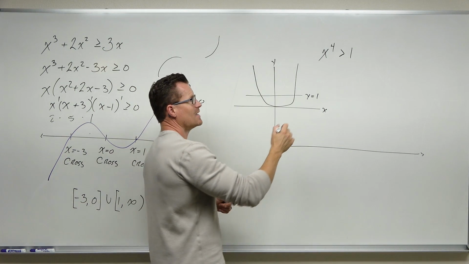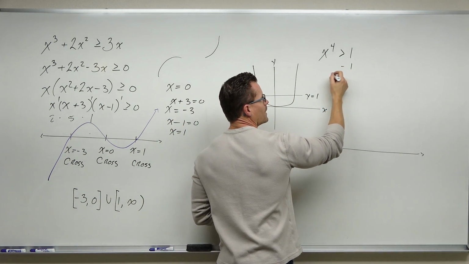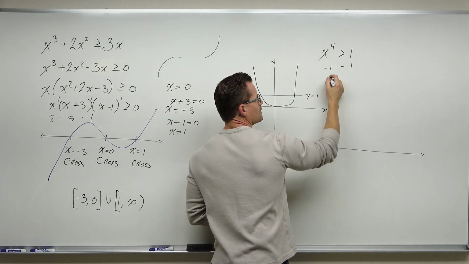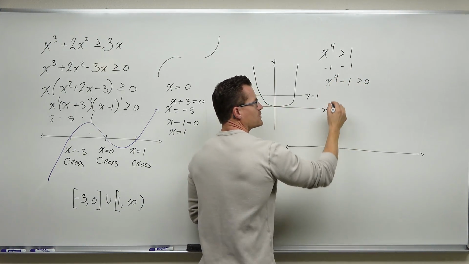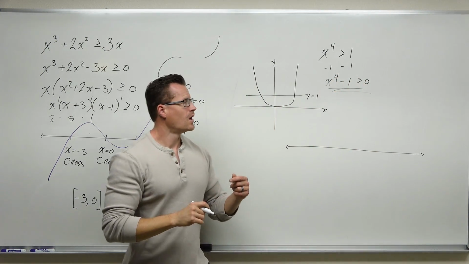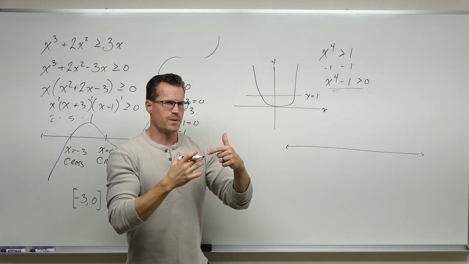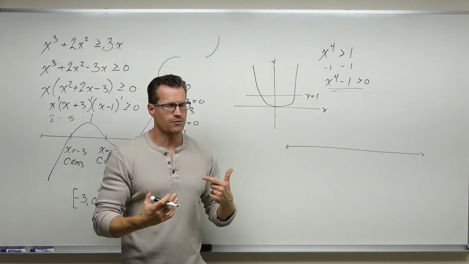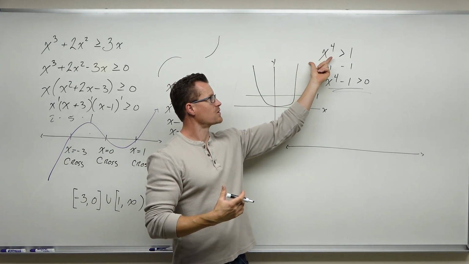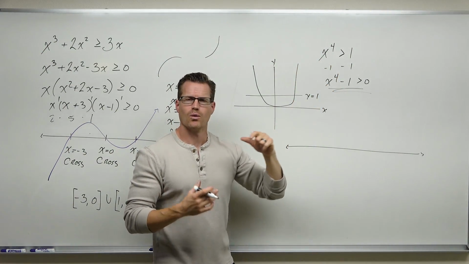We can translate that, and it's a literal transformation. Check this out. If we subtract 1, that changes this question to, where is x to the 4th minus 1 greater than 0? Now, why does that work? This is a really nice one for us to see. If you take x to the 4th power and subtract 1 from it, what's that do?